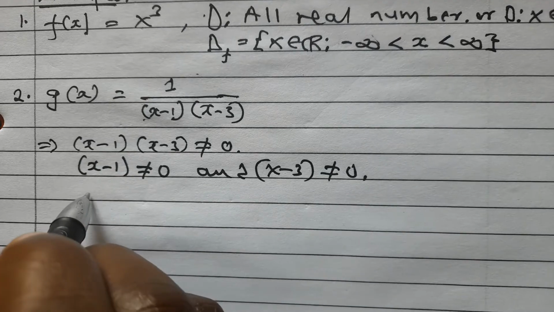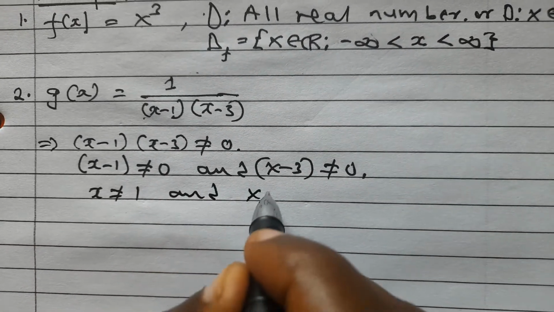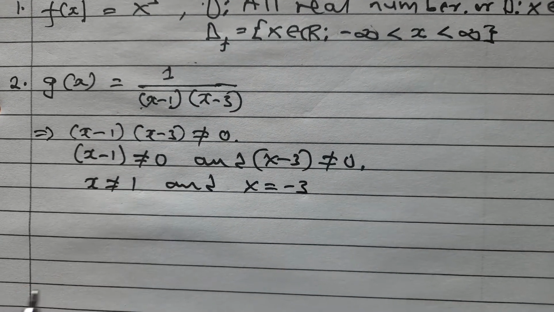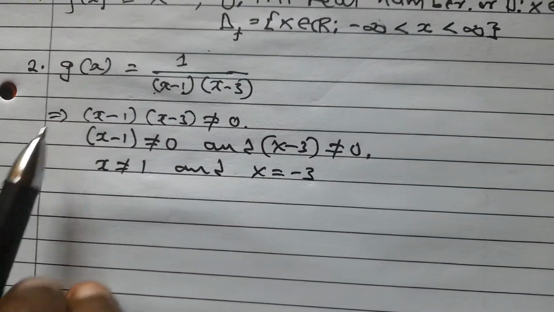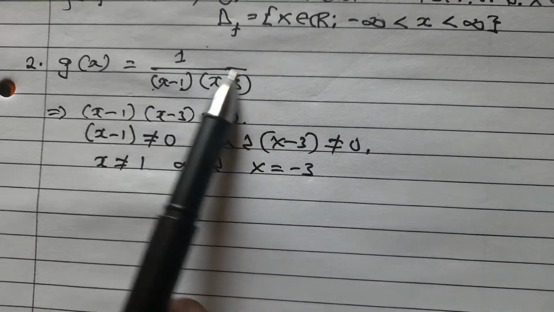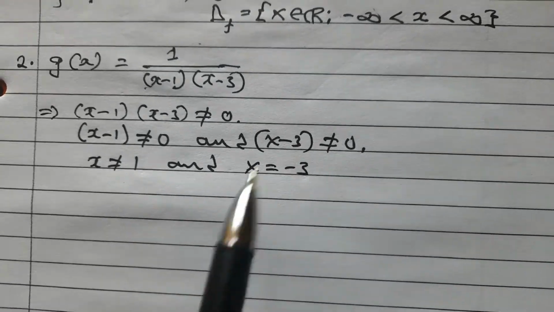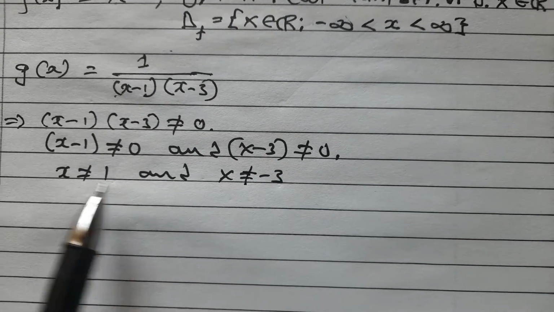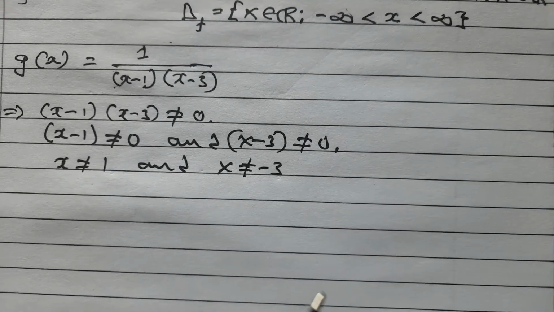Again, this is as good as saying x is not equal to 1 and x is not equal to 3, when I take 3 and 1 to the other side. So the domain of this function is the set of all real numbers except when x is 1 and when x is 3. These two values are to be excluded from the domain of that particular function.